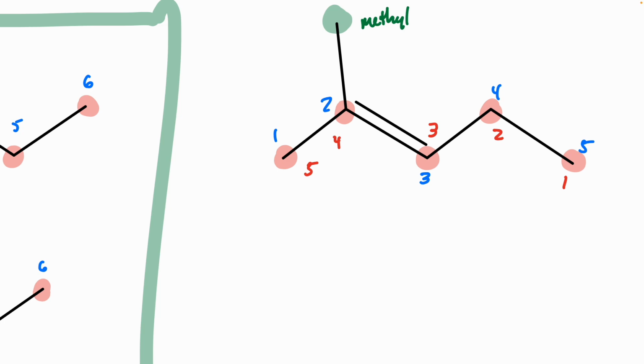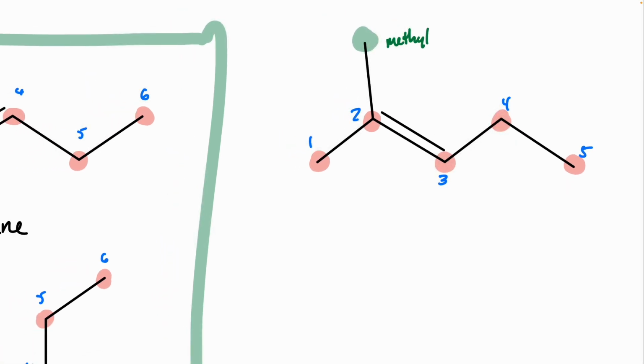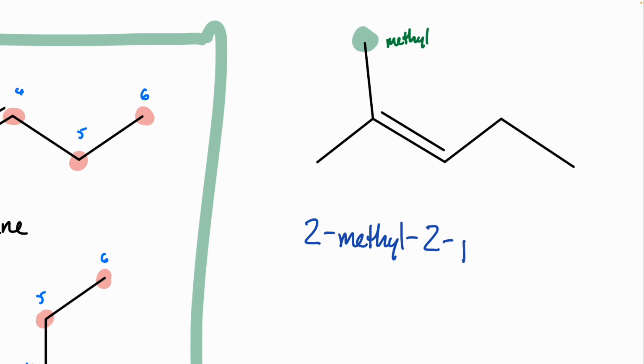Blue. I want my double bond to be at the lowest possible number. I'm going to get rid of my markings here to make a point. Okay, so putting it all together, this would be 2-methyl-2-pentene.